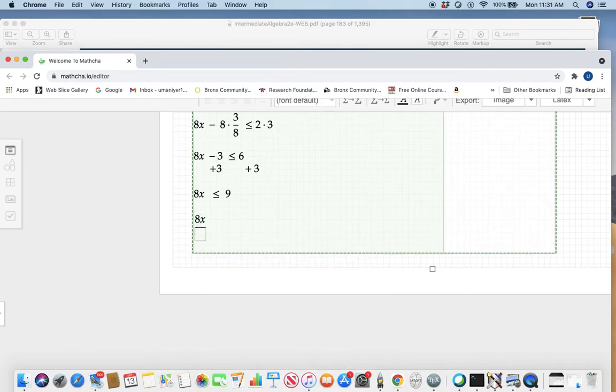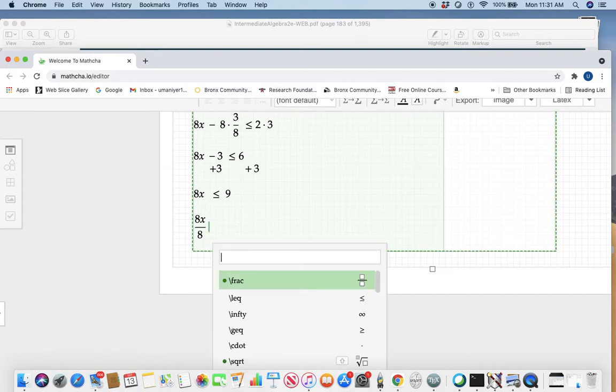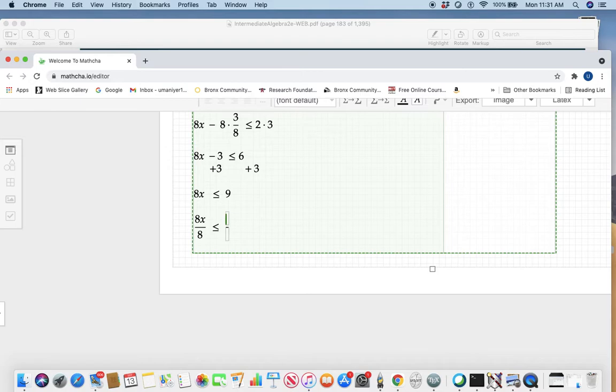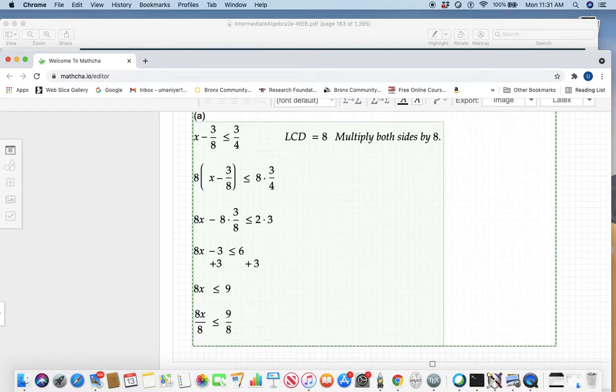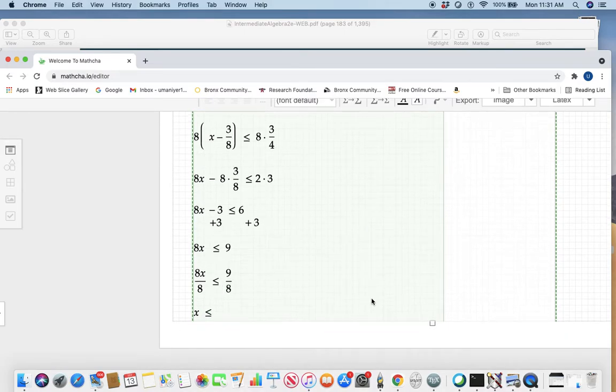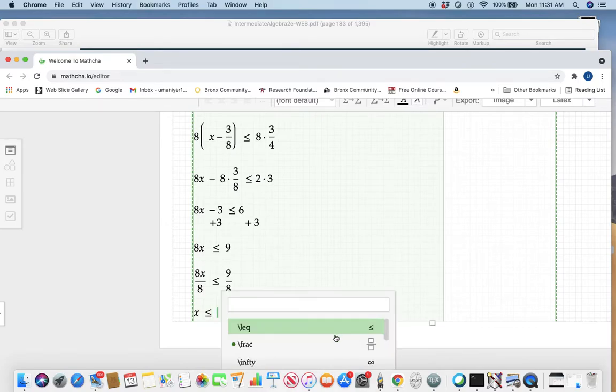Notice 8 is a positive number, so no change. Which gets me x less than or equal to 9/8.